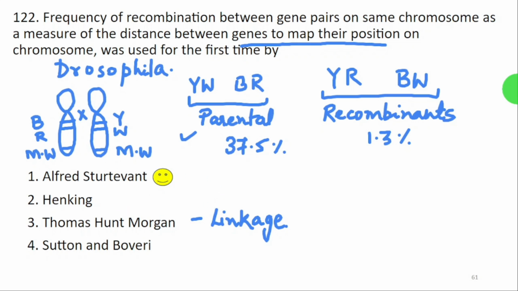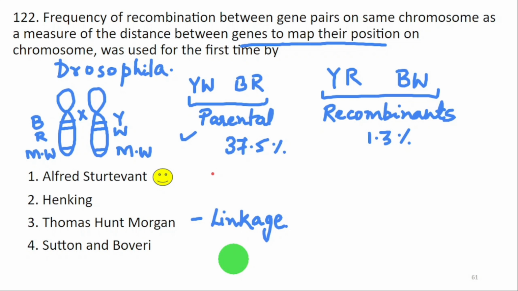Based on this, Sturtevant came up with the concept of mapping. Why not map them based on the percentage of recombinations they show? If recombination is high, then you would get a high percentage of recombinants, and that would in turn indicate the relative distance between those genes.